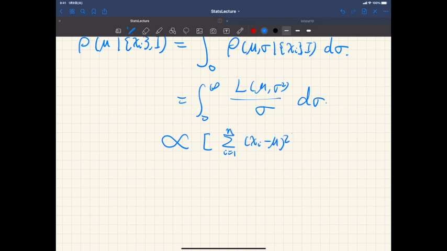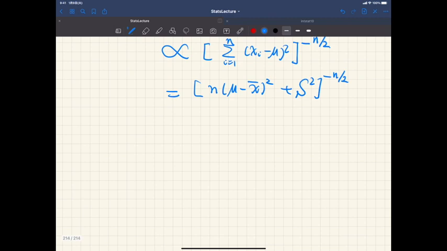Xi mu sigma squared, mu squared, to the power of negative n over 2, which is equal to this: mu minus x bar squared plus s squared, where I will explain what these are.